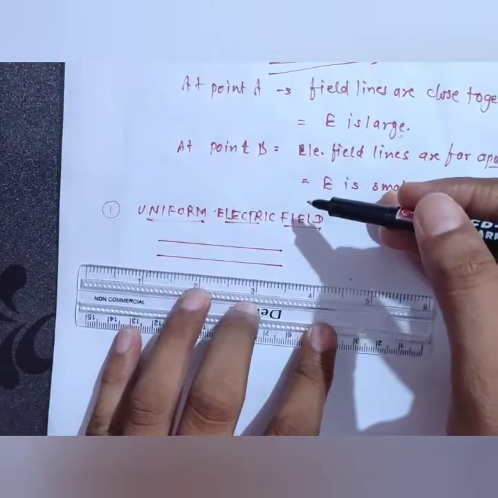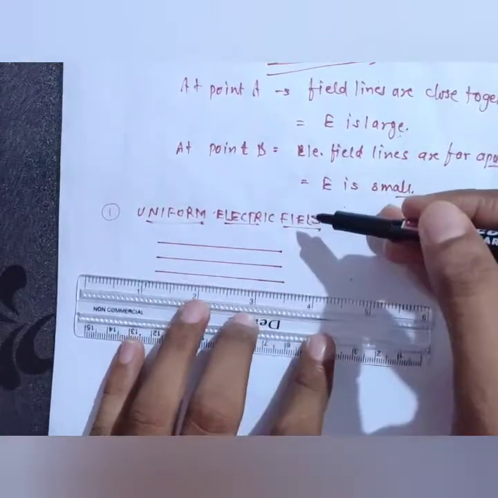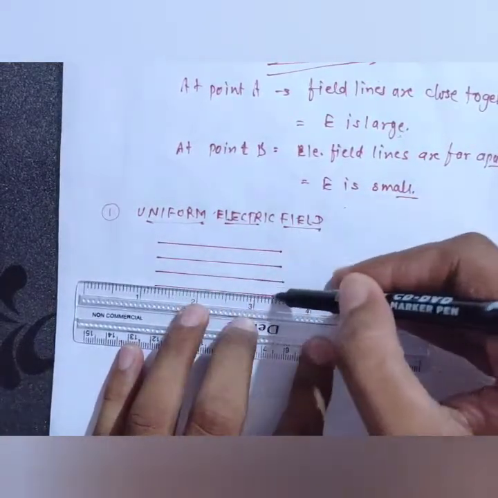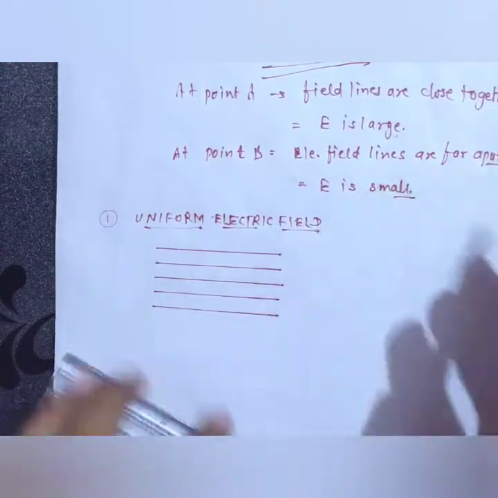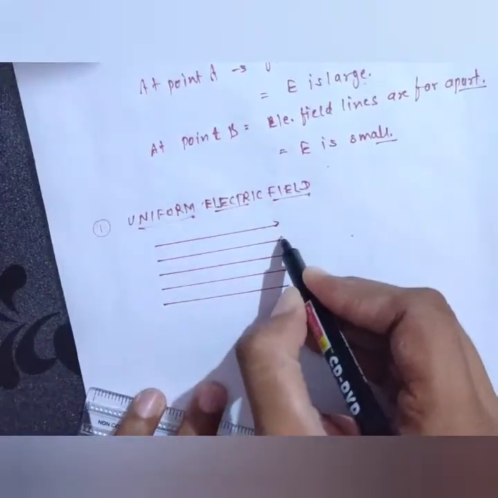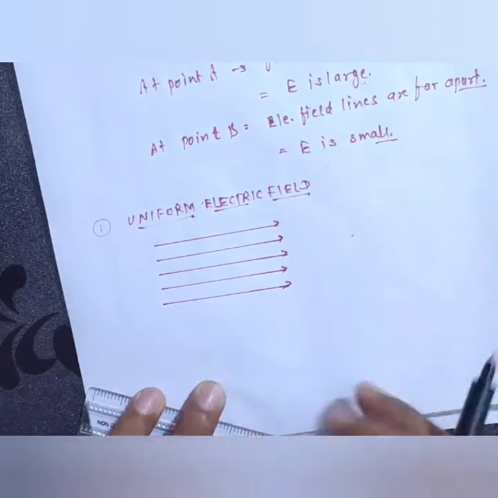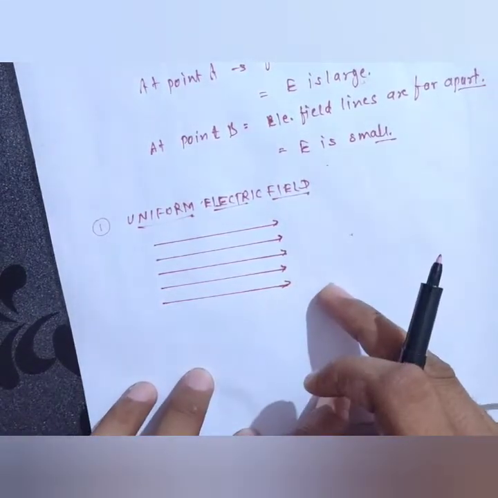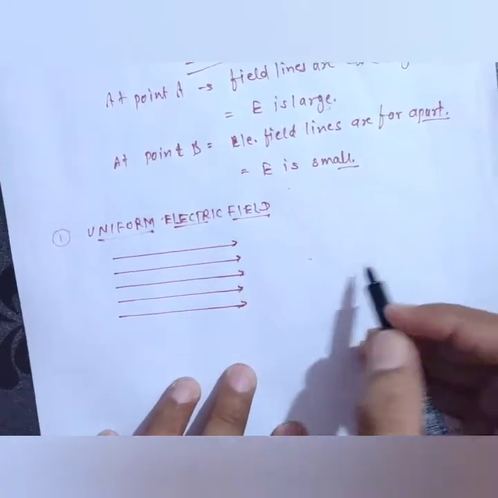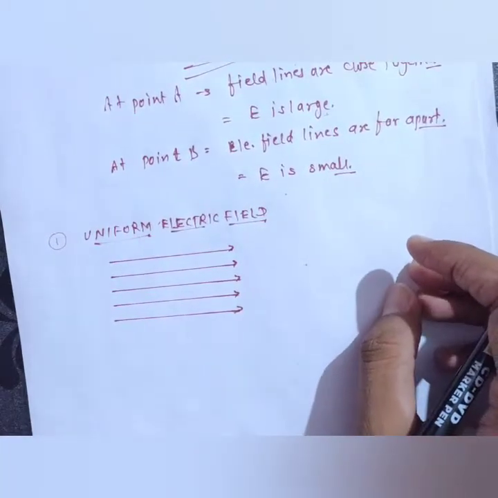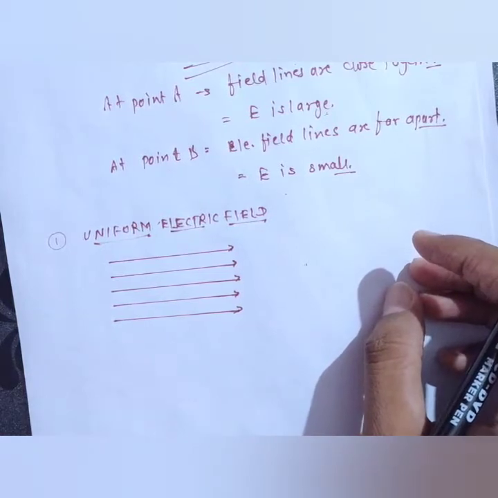The equispaced or equidistant parallel lines. These equispaced parallel lines show uniform electric field.